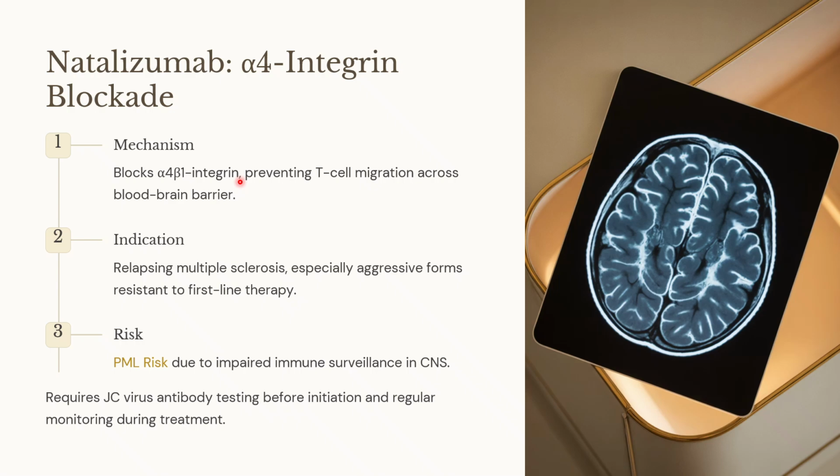So they adhere with the ICAM and VCAM, which are present on the endothelial cells. When CD18 LFA-1 on the neutrophils is absent, the neutrophils cannot adhere to the endothelium. Therefore, the neutrophils cannot enter the site of injury. That is the problem in leukocyte adhesion deficiency, LAD. Whereas natalizumab blocks alpha 4 beta 1 integrin.